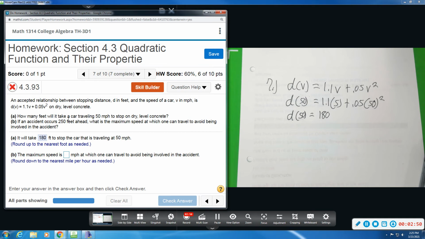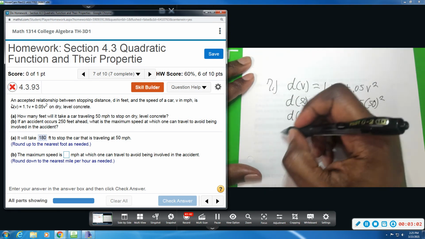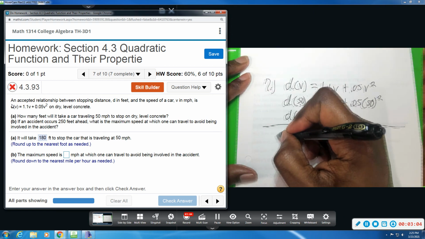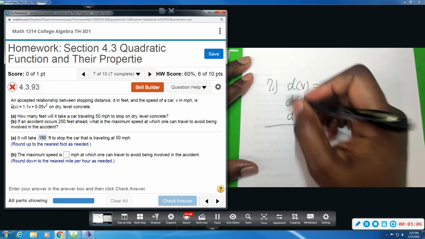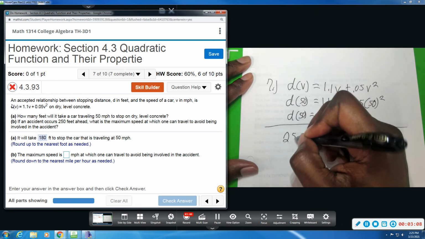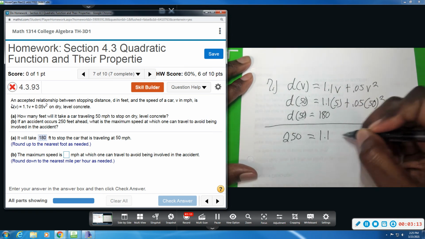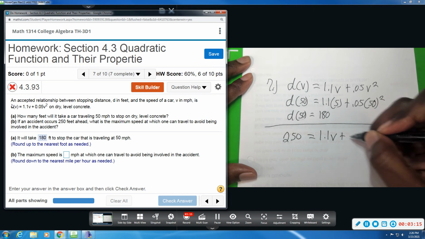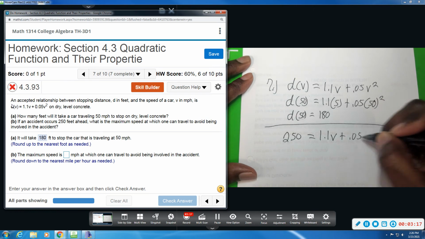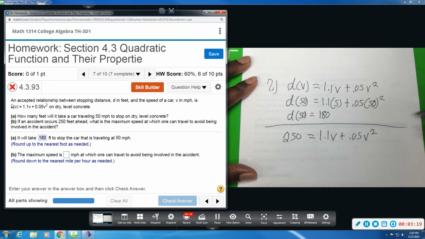So instead of plugging in the 250 for V, because that's not miles per hour, we're going to plug the 250 in for D, that's the distance, so the whole part right here. So now, part 2, we're plugging in 250 for this whole part. So 250 equals 1.1 V plus 0.05 V squared.